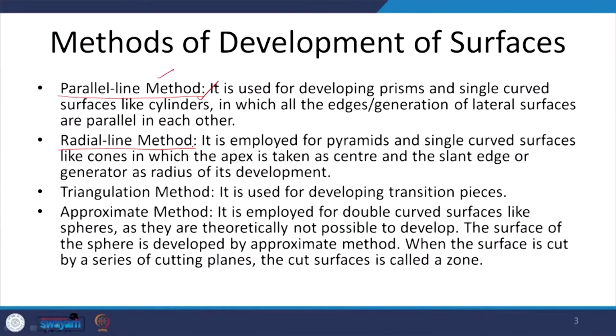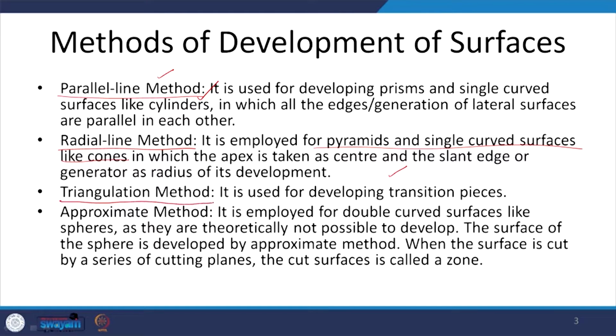So if I just move it, it will keep moving. It's just that instead of infinite lines, as in the case of a circular cone, we will get some defined lines and surfaces depending upon the base of the pyramid. So with this radial line method, we can develop the surfaces for pyramids and circular cones, which is what we will be seeing how to develop.